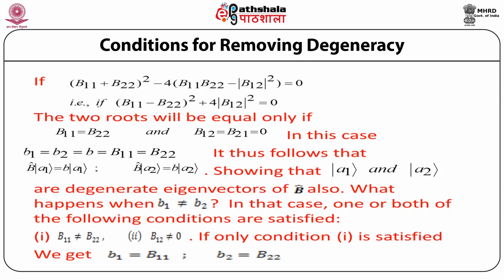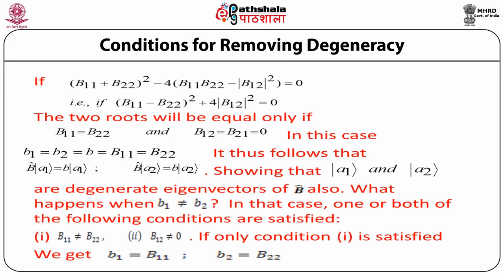That is, if (B11 minus B22) whole square plus 4 times mod square B12 is equal to 0. Now, the two roots will be equal only if B11 is equal to B22 and B12 is equal to B21 is equal to 0. In this case, B1 is equal to B2 is equal to B is equal to B11 is equal to B22.